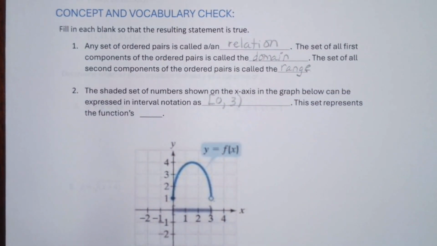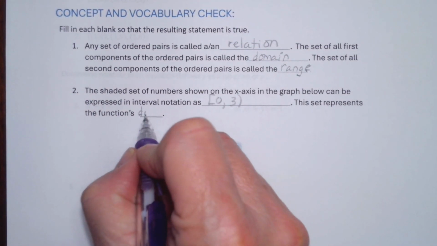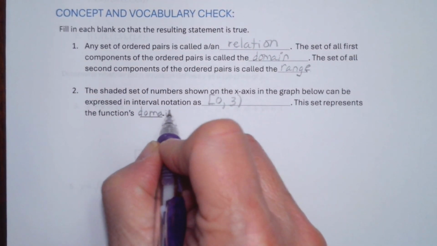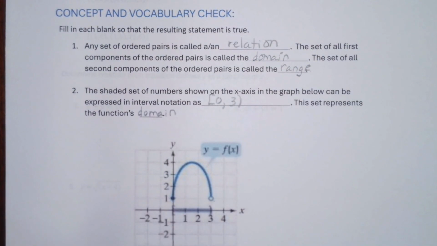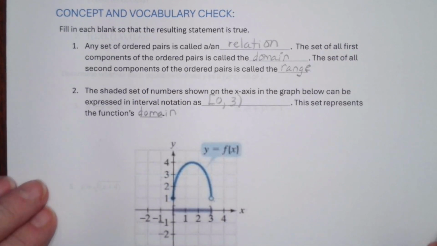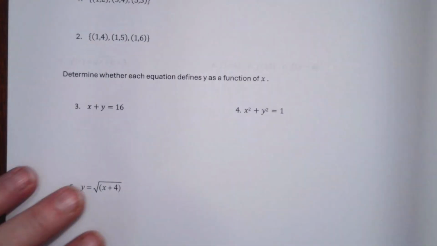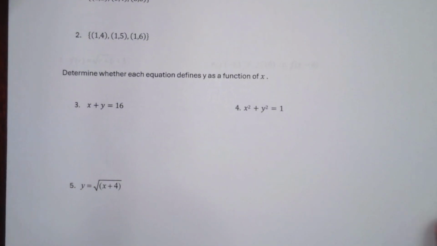This set represents the function's domain, because it's on the x-axis. All right, so maybe you could stop your video and see if you could do number 3 and fill in the blanks.